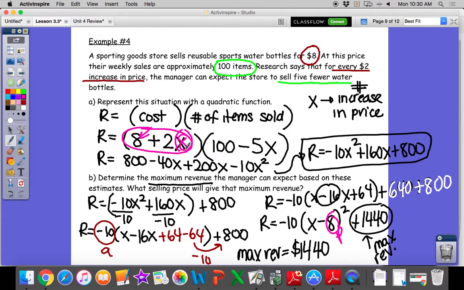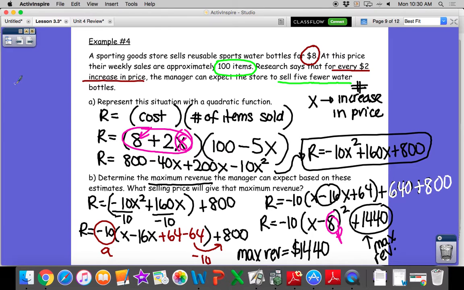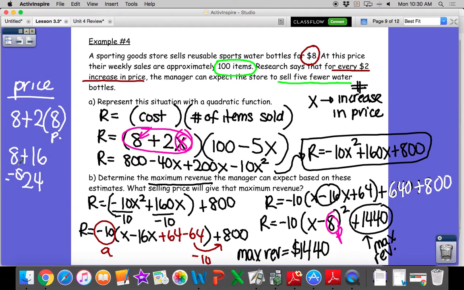So to get the actual price of your water bottles, you're going to have to do $8 plus 2 times your p-value. So in this case, it's going to be 8 plus $16, which gives us $24. So that's your new cost of your water bottle.